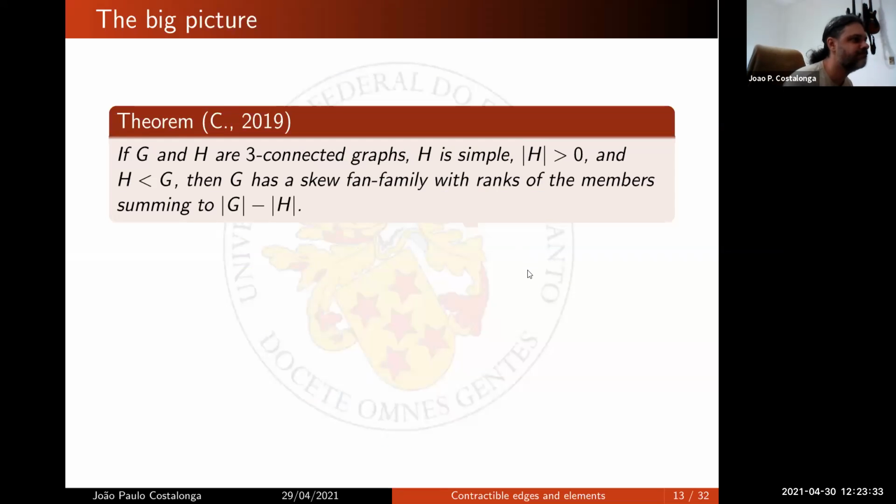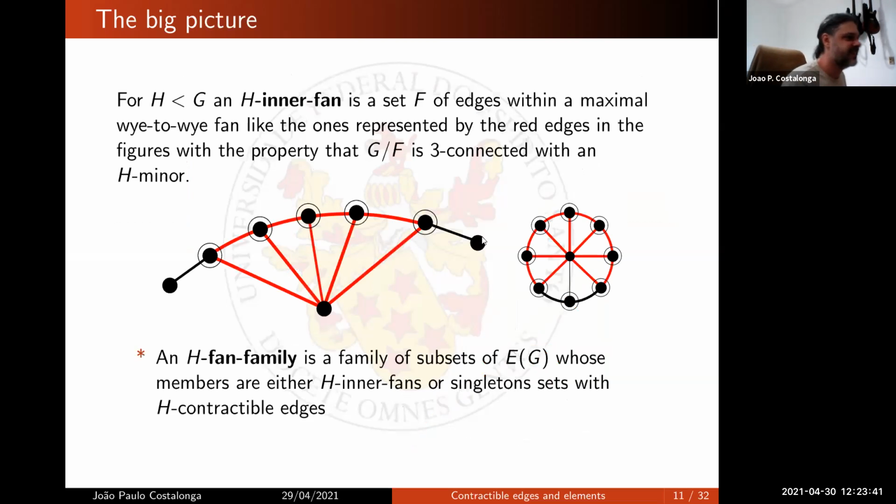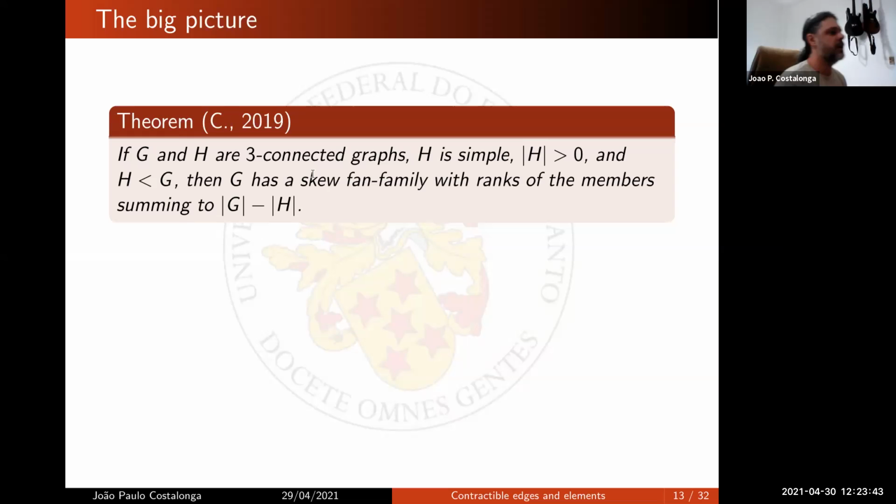Say that we have three-connected graphs G and H, such that H is simple, it has at least one vertex, and G has an H minor. Then G has an H fan family with ranks of the members summing to the order of G minus the order of H.